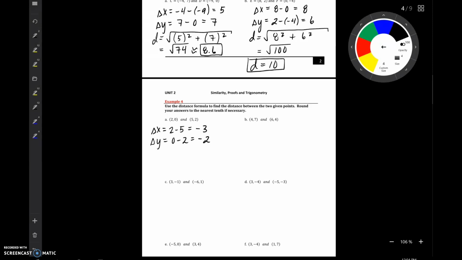That also gives me a negative difference. But when I go and plug that into my distance formula, I have to take that change in x and square it, and then I have to take that change in y and square it. So no matter if the difference is negative, when we square it, it'll still become positive. Okay, so I get square root of 9 plus 4, and the square root of 13 to the nearest tenth, 3.6.